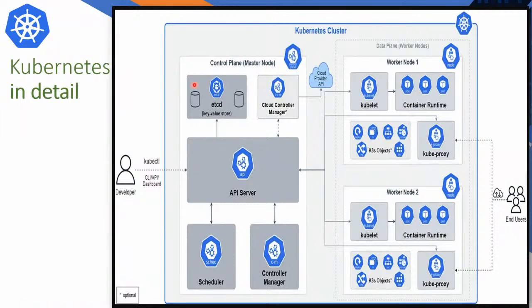This is the manager, the conductor. The conductor will conduct the entire orchestration. And out of this, the maestro of that orchestra is the API server. If something goes wrong with the API server, the entire control plane will go down.